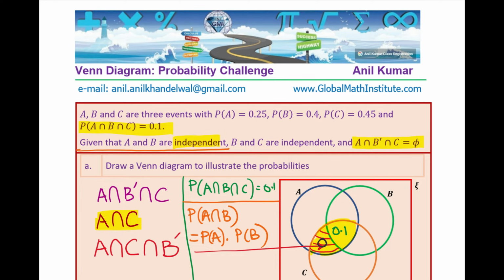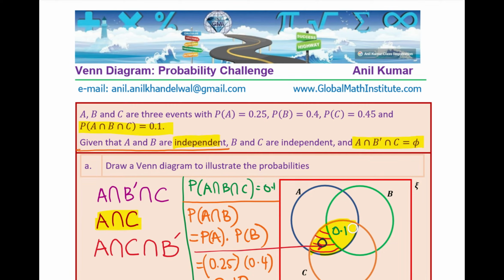So now to find this, probability of A is given to us as 0.25, and we're going to multiply this with the probability of B, which is given to us as 0.4, which gives us 0.10, correct? So we get this intersection of A and B as 0.10.